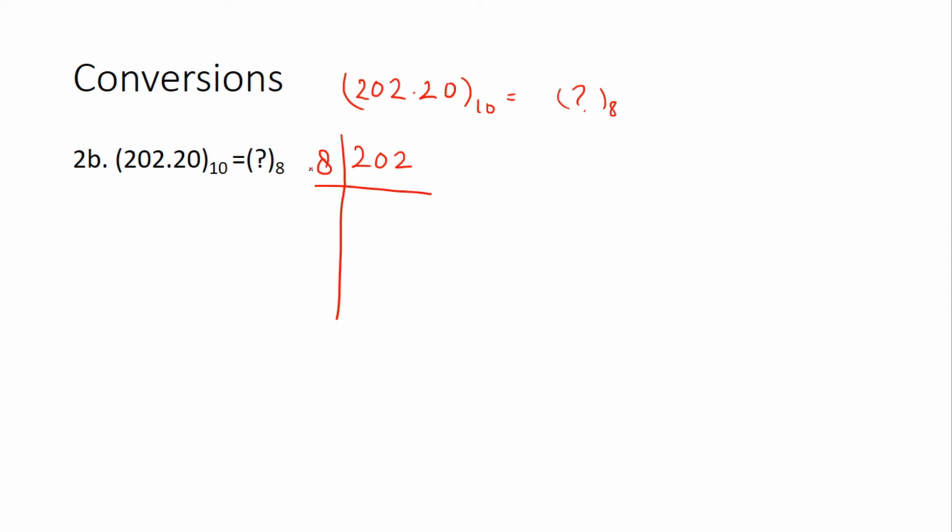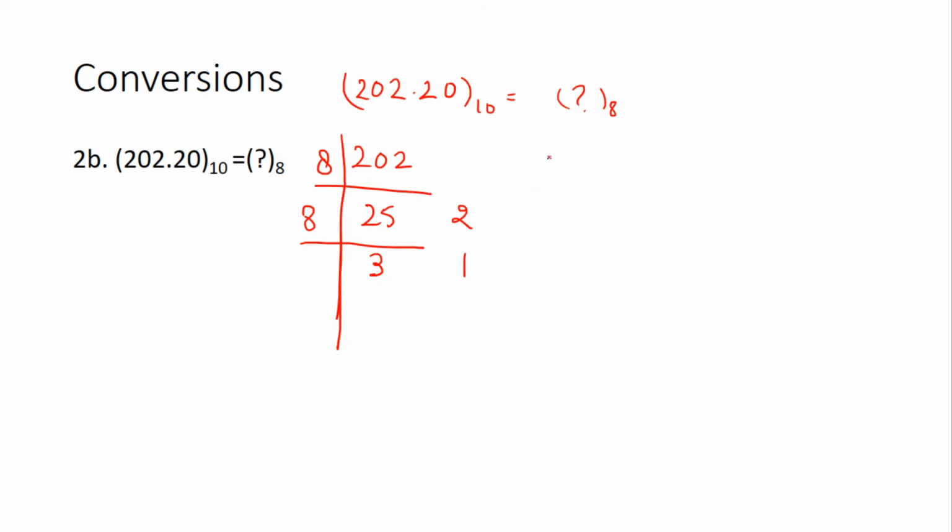So the closest would be 25 because 25 8s are 200. So the remainder in that case would be 2, then 8 3s are 24, remainder is 1, and then we cannot divide further.